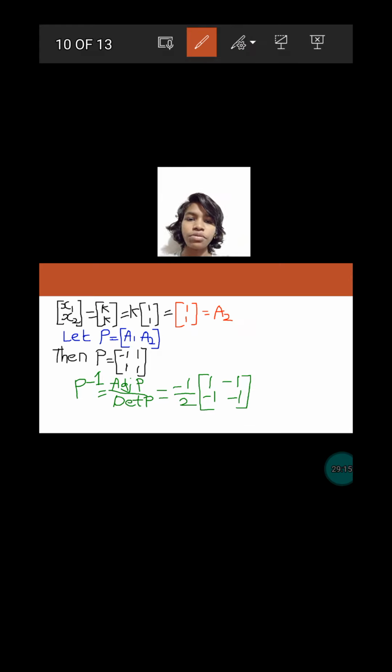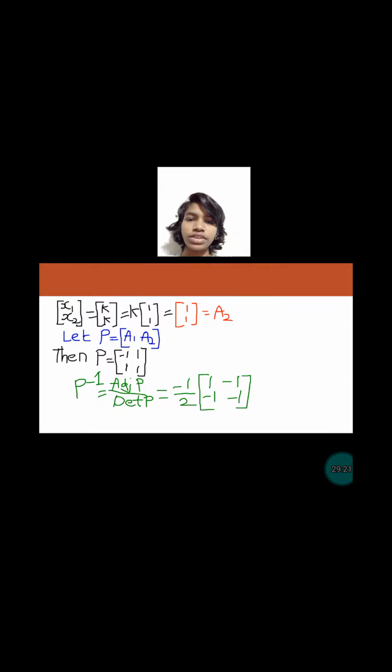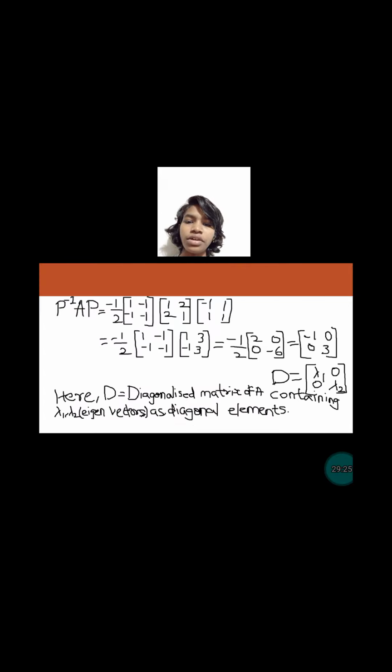Now in the next step we multiply the 3 matrices P inverse, A and P. Let us multiply P inverse into A into P, that equals -1 by 2.